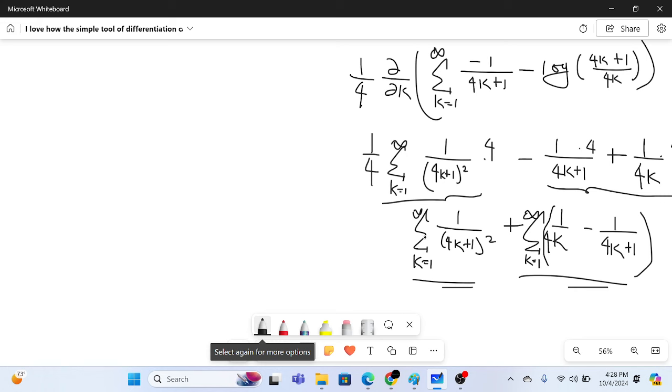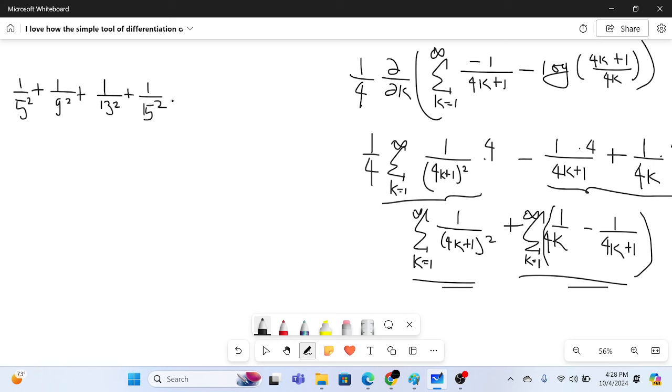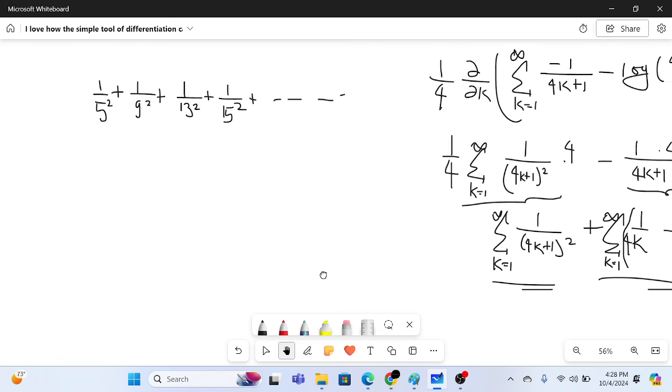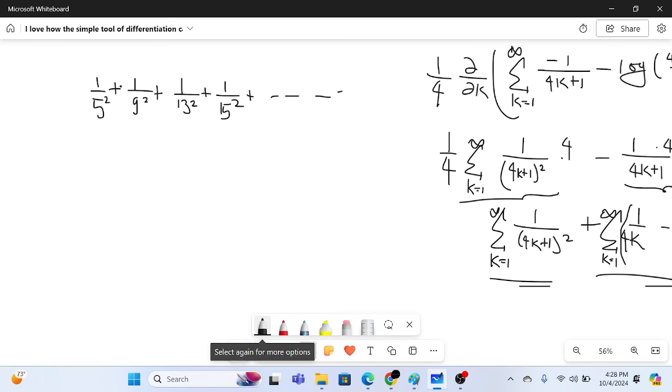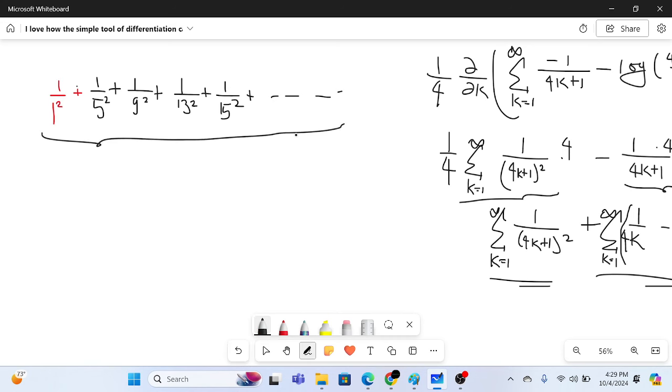The first sum is basically 1 by 5 square plus 1 by 9 square plus 1 by 13 square plus 1 by 15 square and so on, right? What's happening here is that these differ by 4, except that we don't have 1 by 1 square over here. If we had that, it would look good, right? We don't have that.